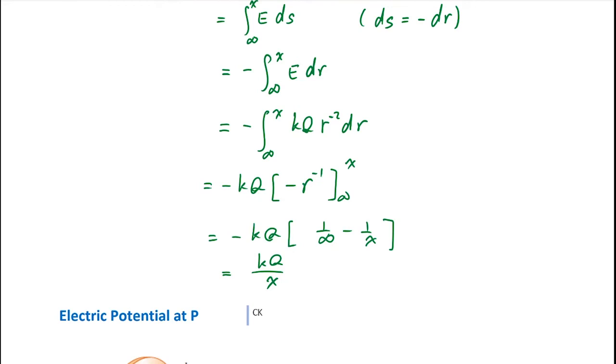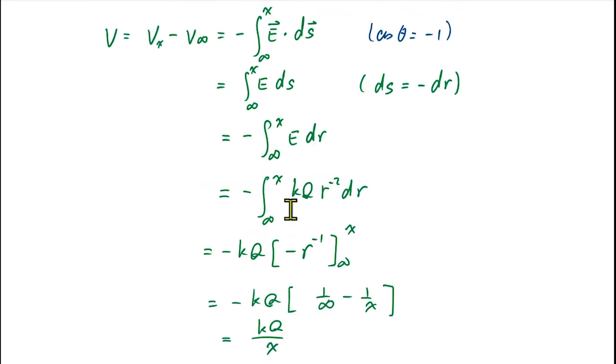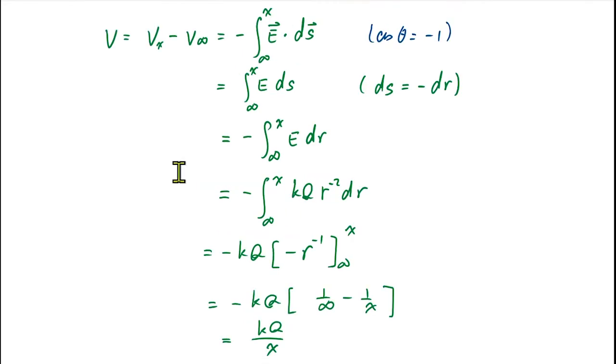Okay, so how are we supposed to take this? This is confusing, right? So the way I like to think is this. Remember, as you do the work, then you lose energy, right? So I would just calculate the work done by the field. The way I like to think is this direction.